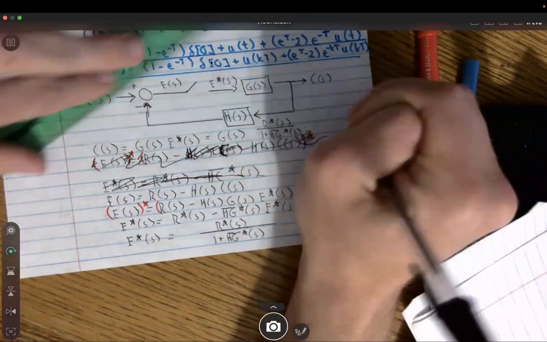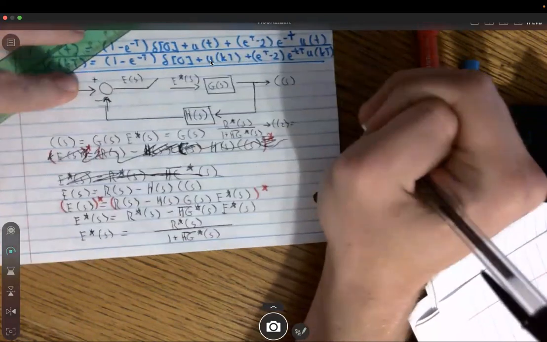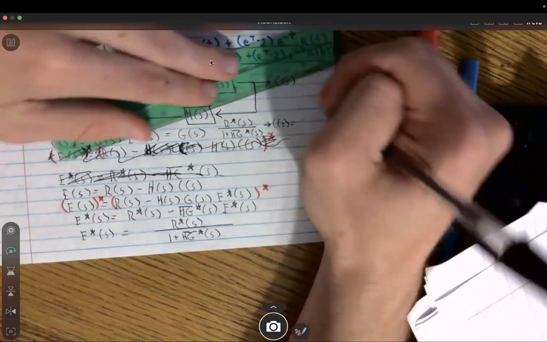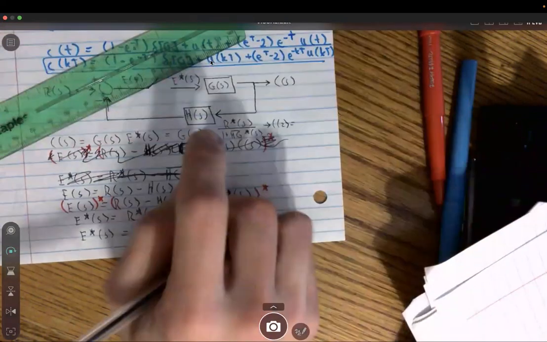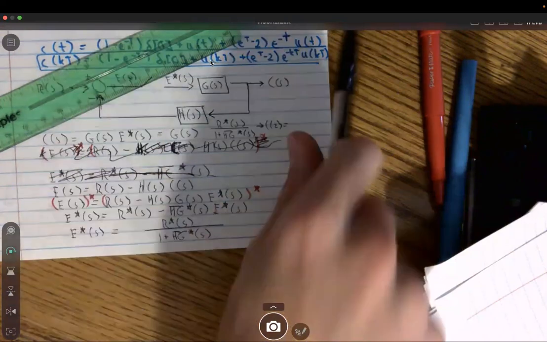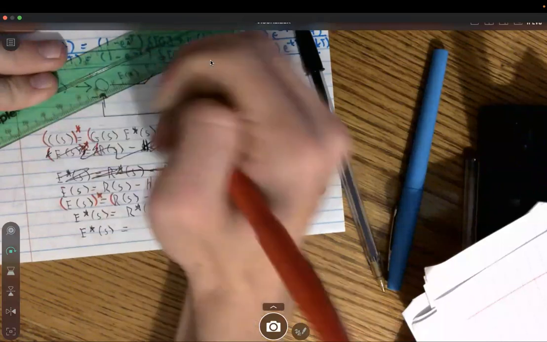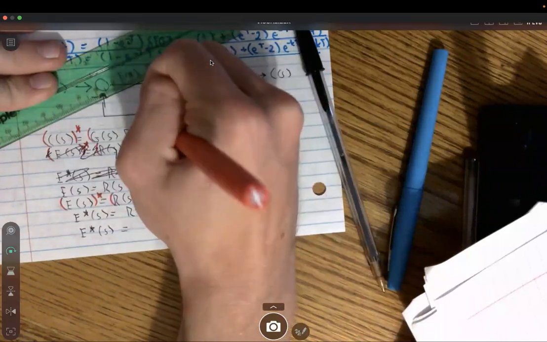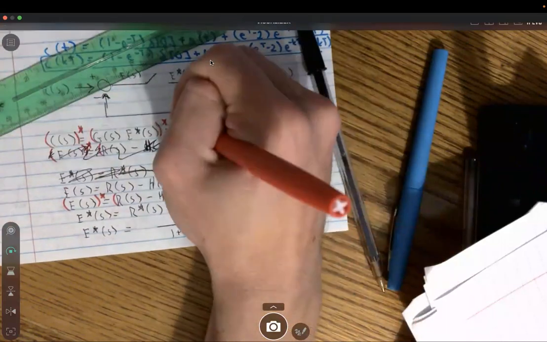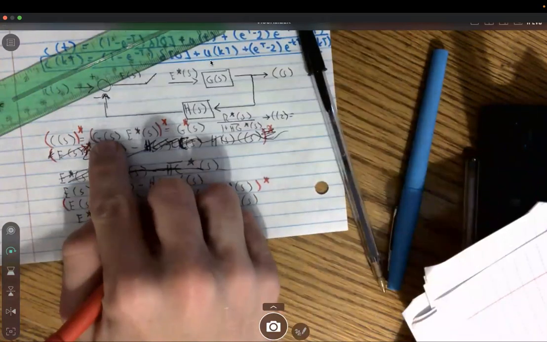Okay, this is great, but we want to represent our output in terms of Z. So this is going to be G of Z. Now, this is our output, right? C of S. So you have to take the star transform of both sides. Taking the star transform of both sides, you'd have your G star of S, and the E star of S would stay the same because the star transform only applies to the left-hand term.